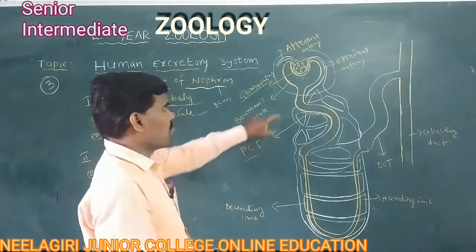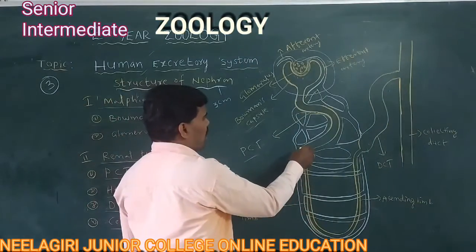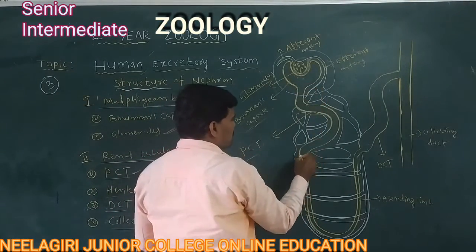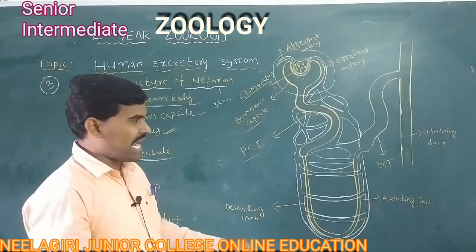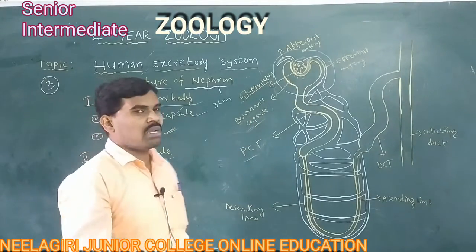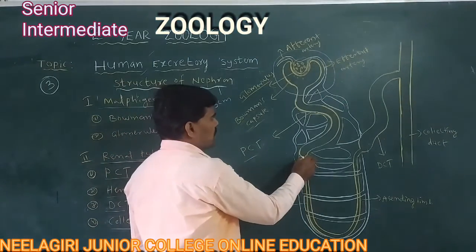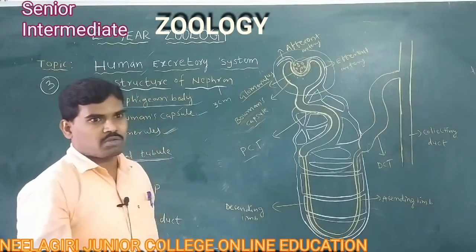This part is the cortex, and only some part is the medulla. This is the wide space. The part behind the Bowman's capsule, the neck part, forms the proximal convoluted tubule, up to the loop of Henle. So this part is called the proximal convoluted tubule.